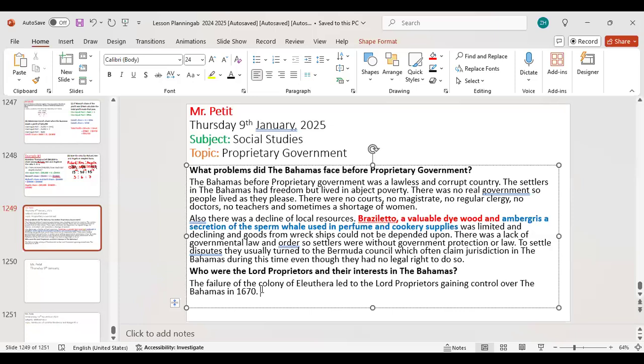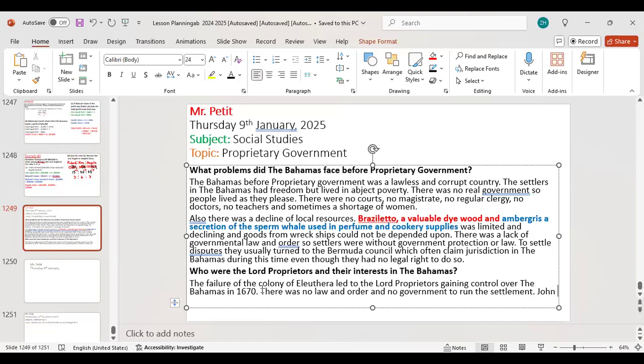There was, like we said, no law and order and no government to run the settlement, right?